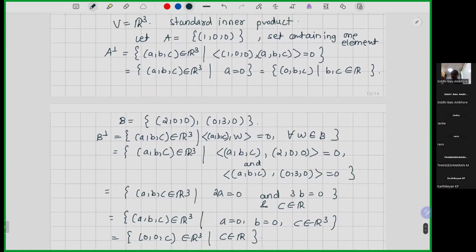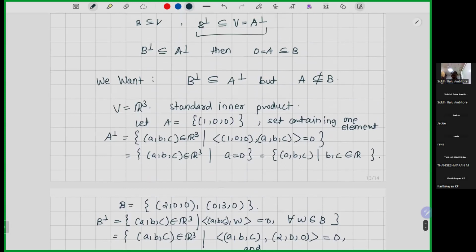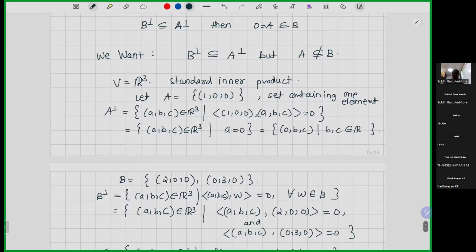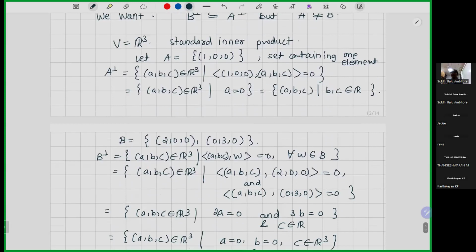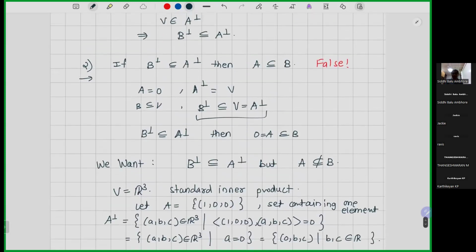So the set is playing a role here. Okay, if I am to take subspaces, for example, if I take the subspace generated by A and the subspace generated by B, then the subspace generated by A is contained in the subspace generated by set B. Okay, in that case, if I call them WA, WB, those subspaces will not give me a counter example, because in that case, this WA will be contained in WB.